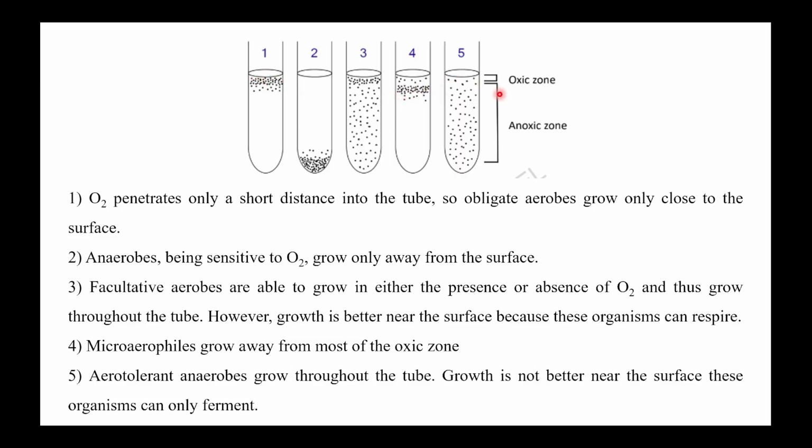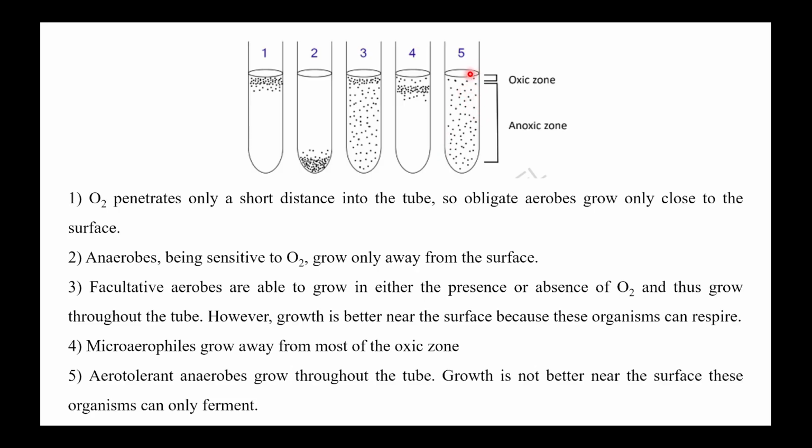And then aerotolerant aerobes, the fifth tube, show growth all over the tube like the facultative aerobes, but they cannot grow better at the oxic zone because they can only ferment.